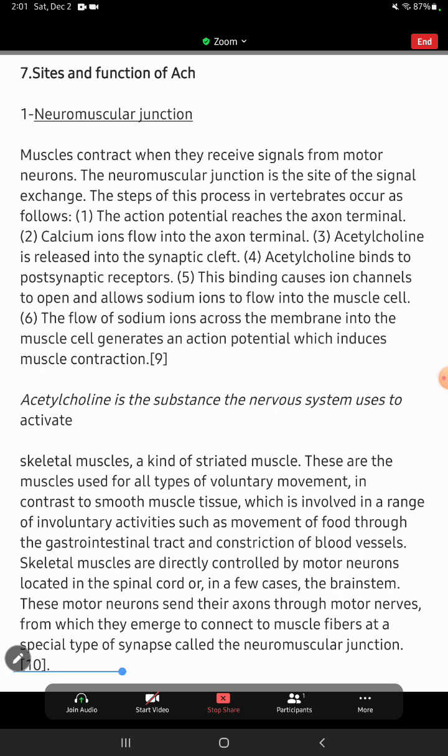Skeletal muscles are directly controlled by motor neurons located in the spinal cord, and in a few cases the brainstem. The motor neurons send their axons through motor nerves to connect to the muscle fibers at a special type of synapse called the neuromuscular junction.